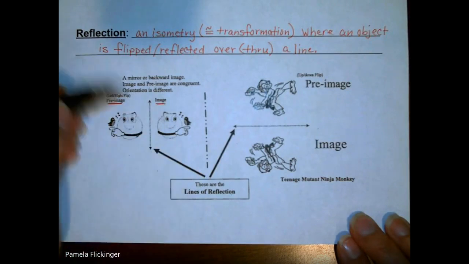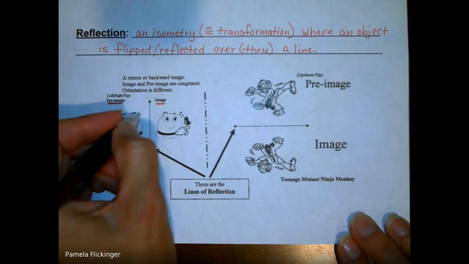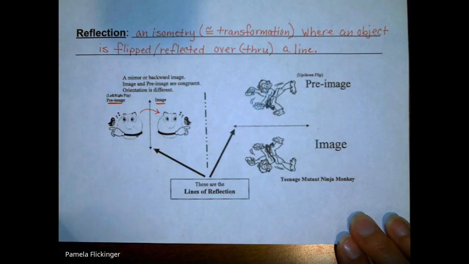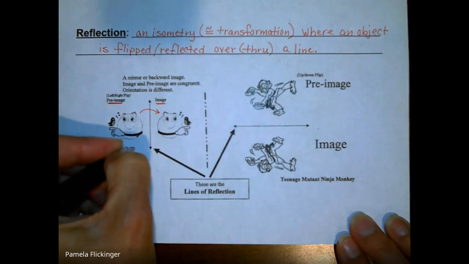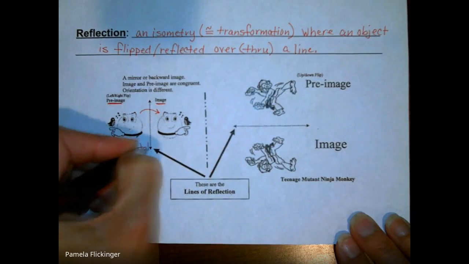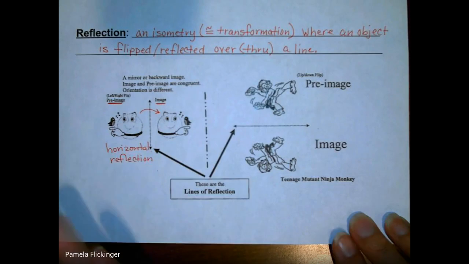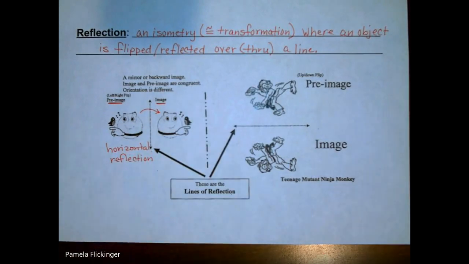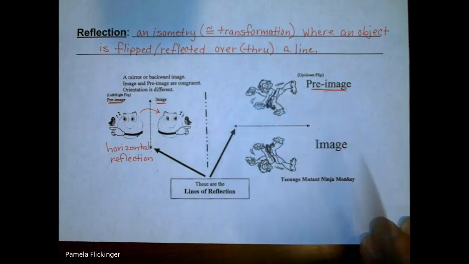Now, even though this is a vertical line, the picture is reflecting horizontally. So this is actually a horizontal reflection because it's how the picture is moving, not what it is reflecting over. So the monkeys over here, notice our pre-image is the top.